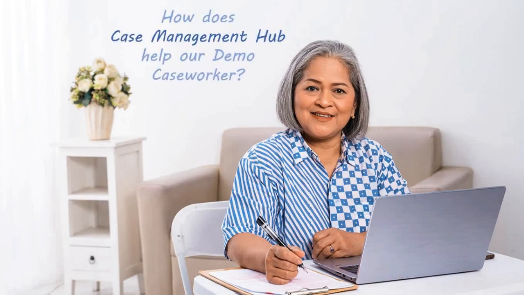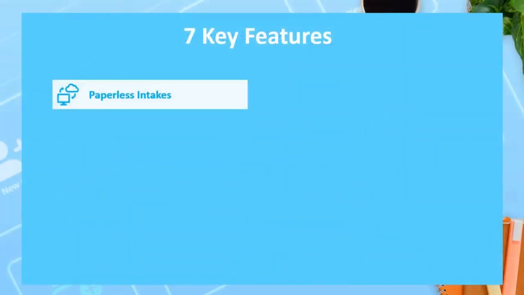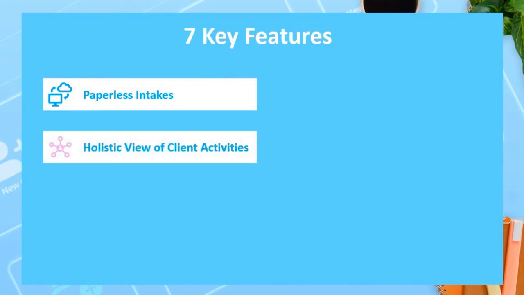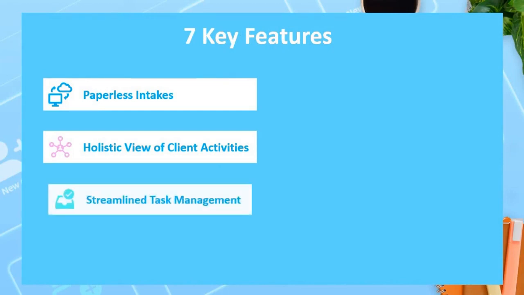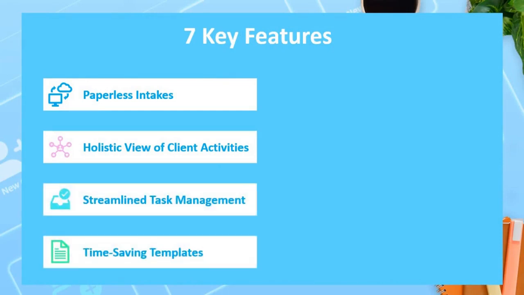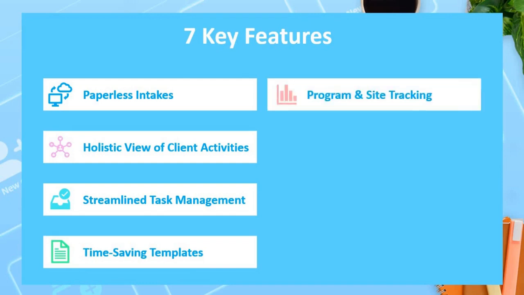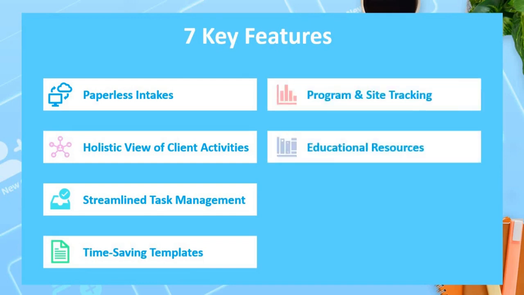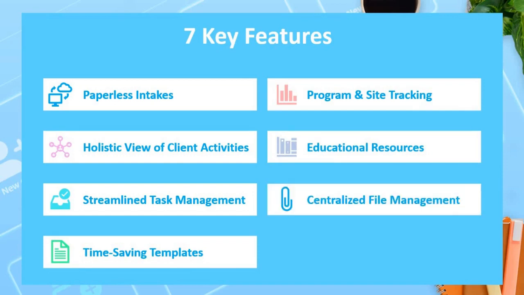We'll follow the typical workflow journey of our demo caseworker and highlight how the platform helps her with simple client and agency management, including paperless intakes, a holistic view of client activities, streamlined task management, time-saving templates, program and site tracking, educational resources, and centralized file management.